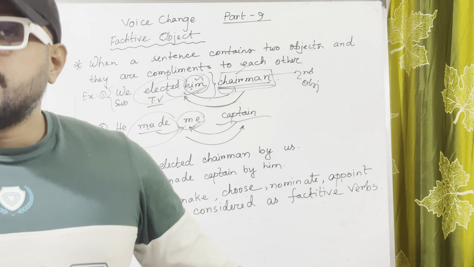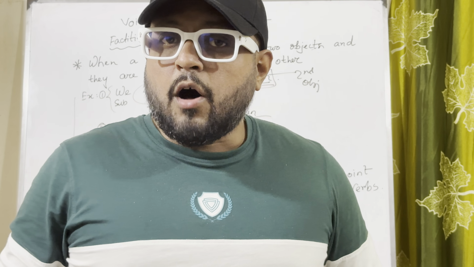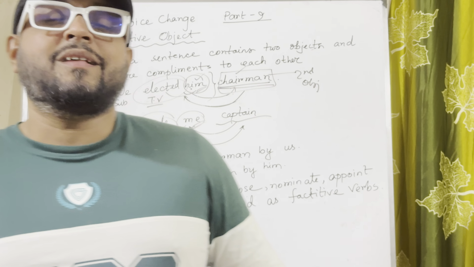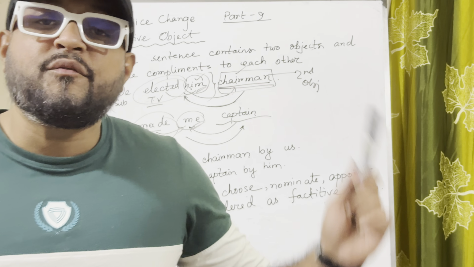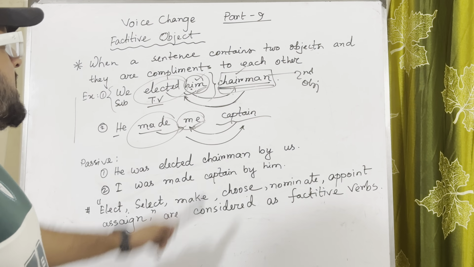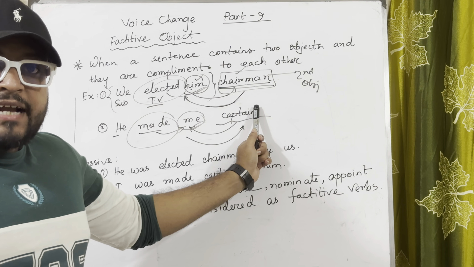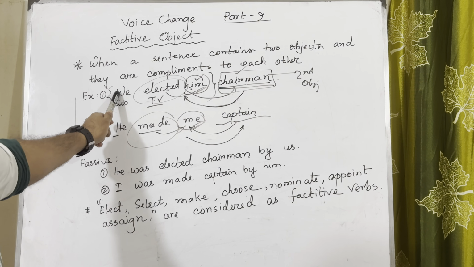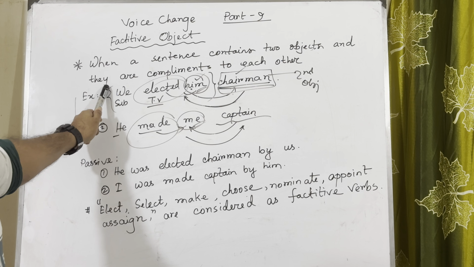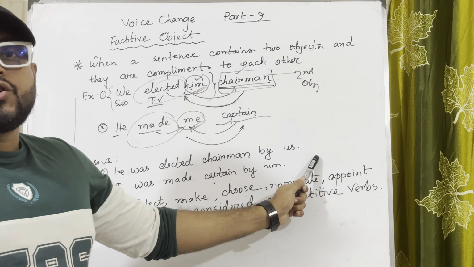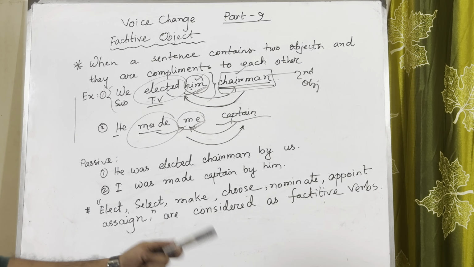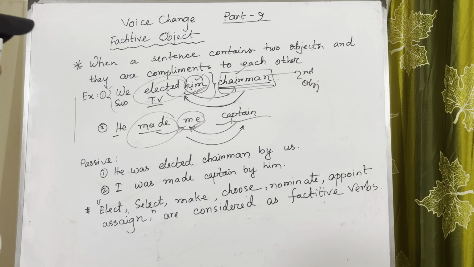It means the verb of the passive sentence, the past participle, must be followed by the second object, and finally the subject of the active sentence will come after the preposition, taking its object form. So this is the very simple trick.